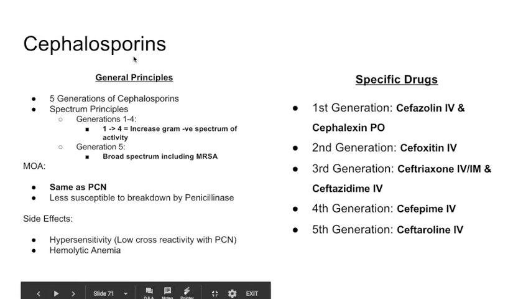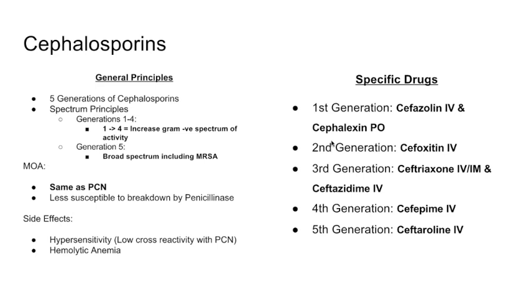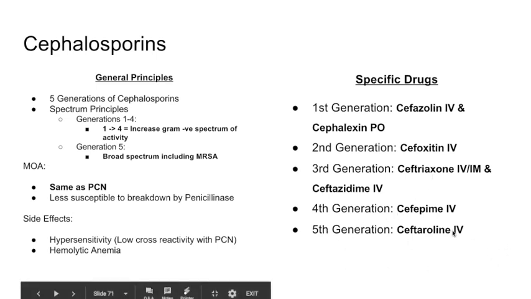And the idea of the generations is that as you progress in the generation, you start first with very strong gram positive coverage, and you lose some of that gram positive coverage, but you gain more gram negative coverage. So you increase the gram negative spectrum of activity. Generation 5 is the broadest spectrum and includes MRSA.